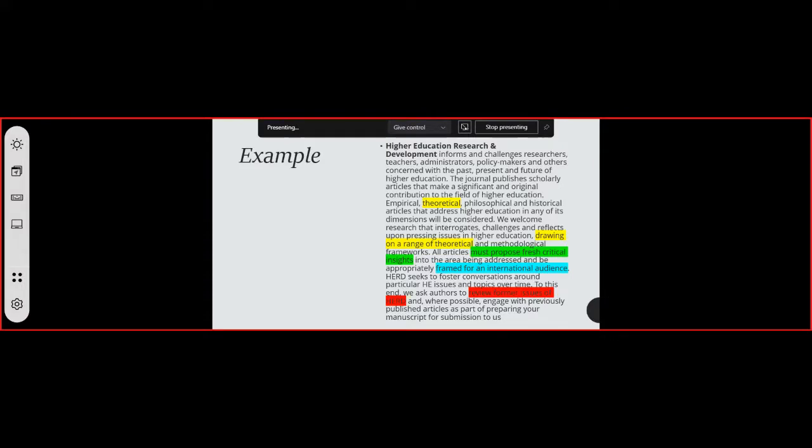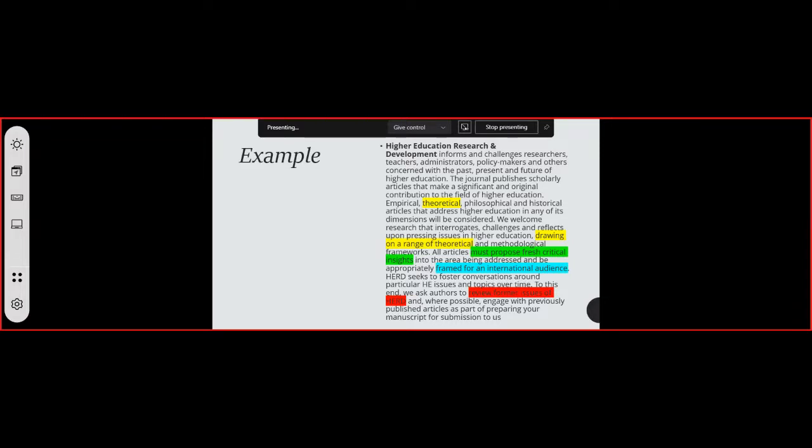I've just done a quick search in one of my high-ranking journals that I use and publish in, Higher Education Research and Development. I've copied from their homepage, where they give their aims and objectives. They state that they consider empirical, theoretical, philosophical and historical articles, specifically in the higher education field.